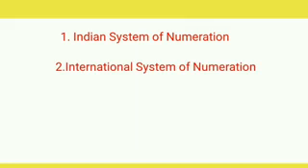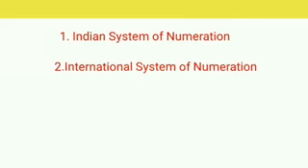There are two systems of numeration. The first one is the Indian system of numeration, which is also called Hindu Arabic numeration, and the other one is the international system of numeration.